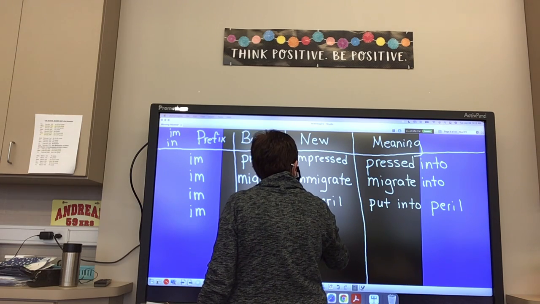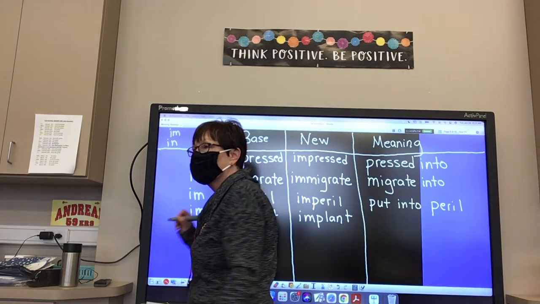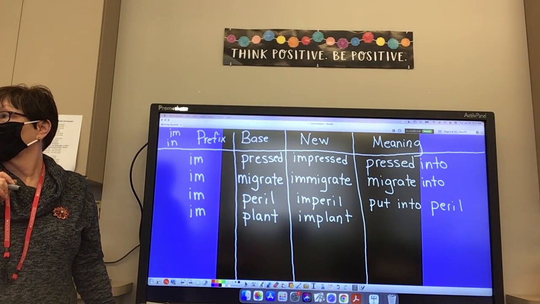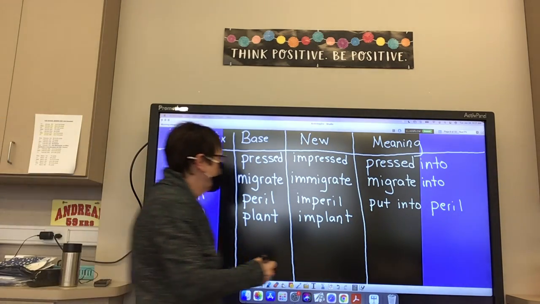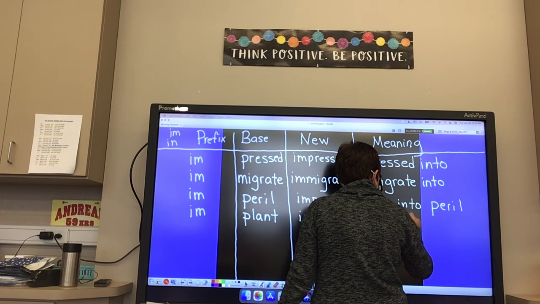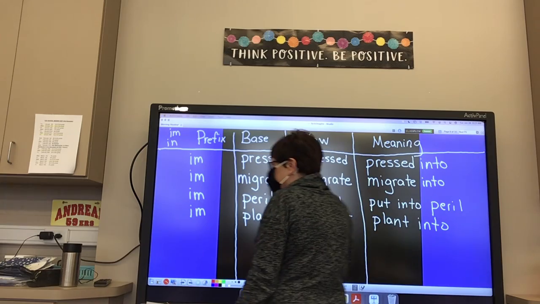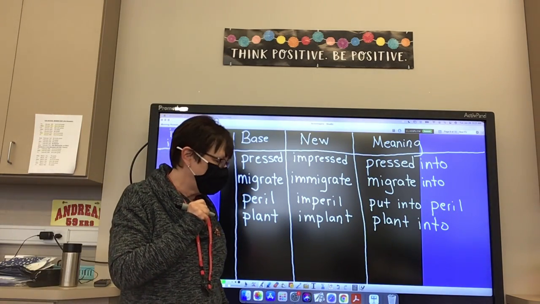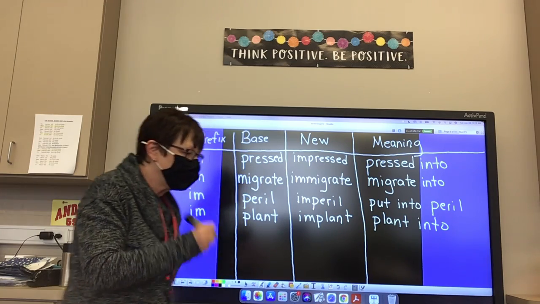And what do you think implant means? Plant into. Very nice. Plant into.